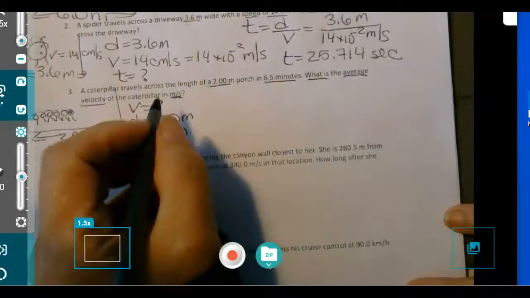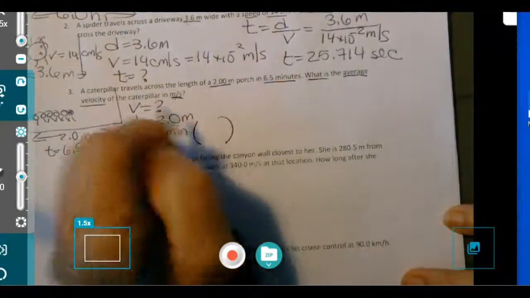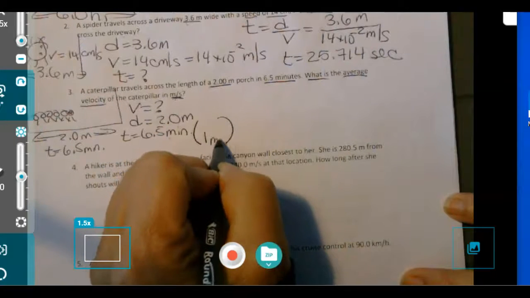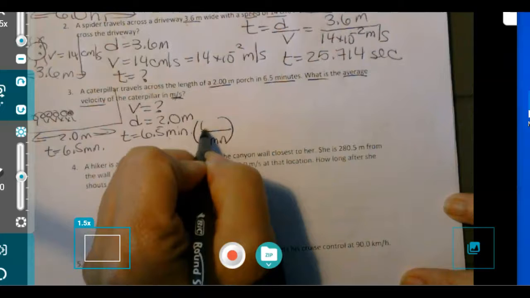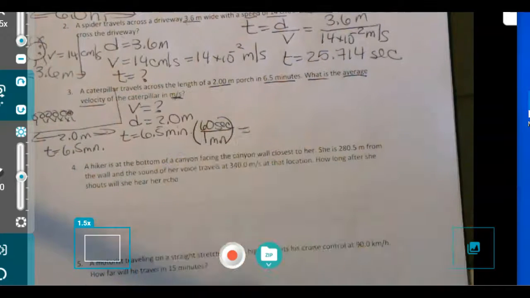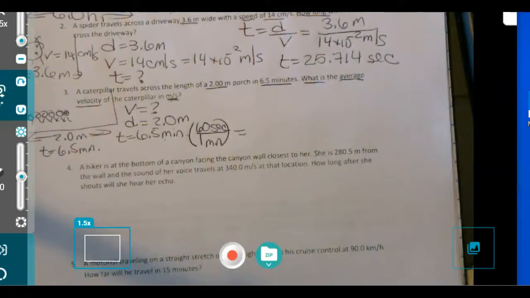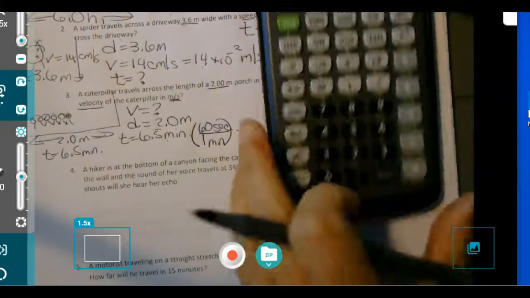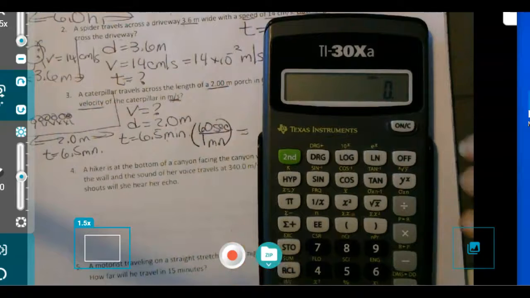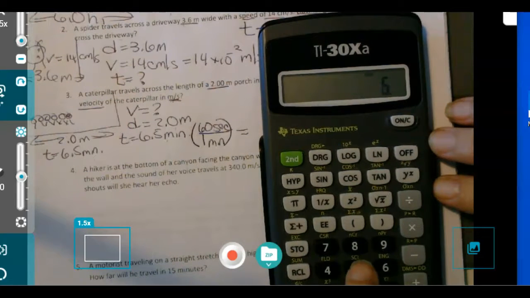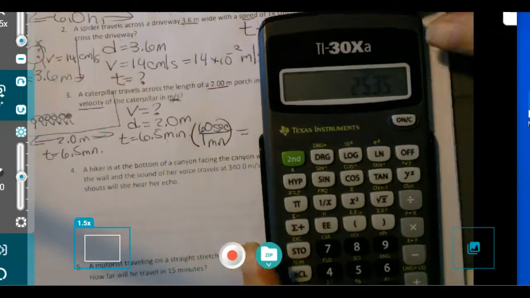So that means I'm going to divide by 1 minute to get that out, and I'm going to multiply by the 60 seconds. So I want to put my unit in the right spot. So I'm going to be taking my 6.5 minutes times my 60 seconds.